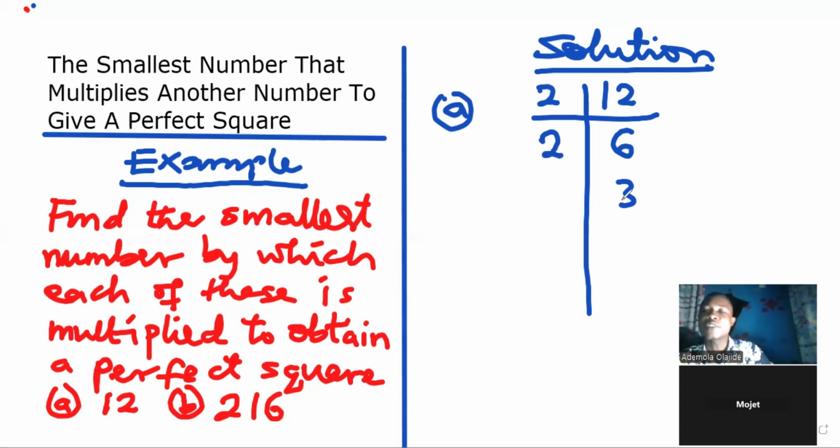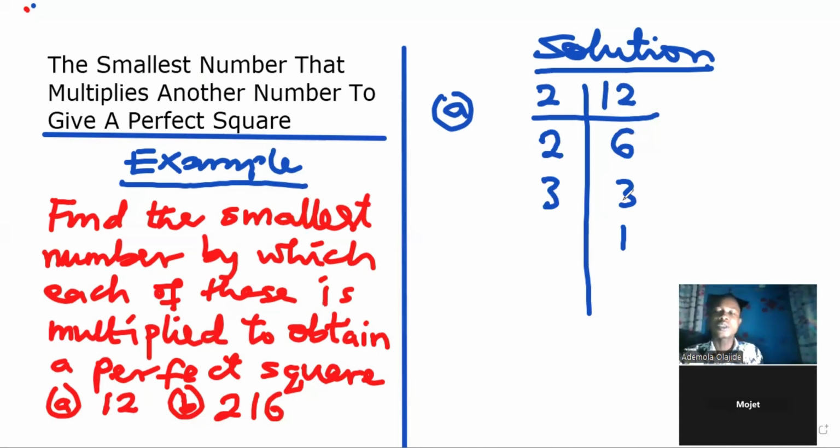Another number that can divide 3 now is 3 itself. Don't use 1, because 1 can divide any number. Start from 2. If 2 cannot divide it again, check if 3 can. If 3 cannot go again, check 5. If 5 cannot go again, check 7. All those are prime numbers. So 3 goes into 3, that is 1. Is it clear?